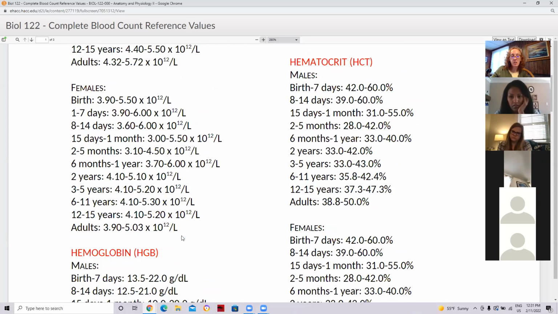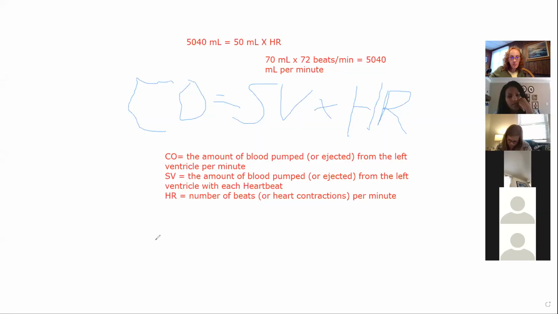Actually, you're even going to go lower than that. Bear with me here. Let me think. If they did millimeters cubed, this is 1 liter. So the way you'd figure this out, and I didn't even think about this until now, but her value was 3.5 million per millimeter cubed.